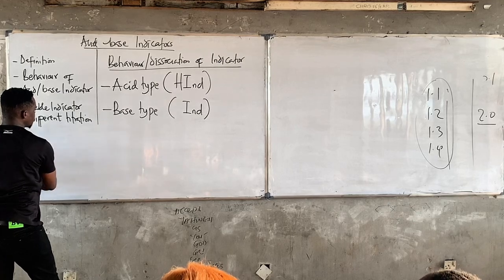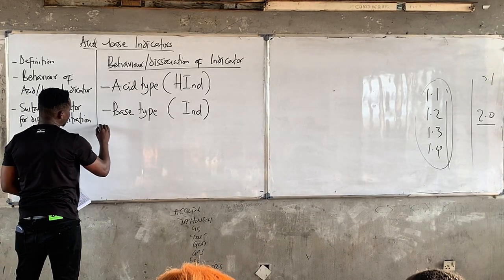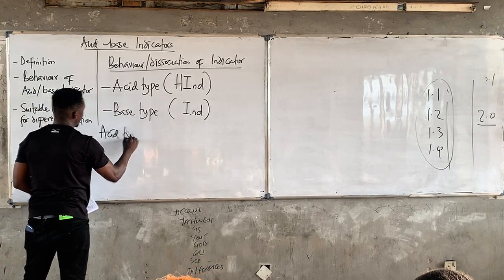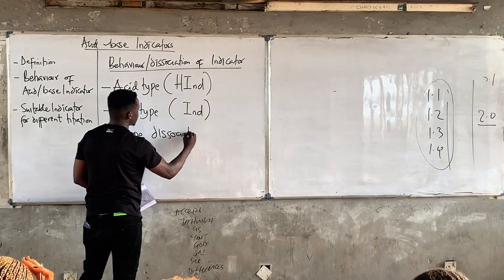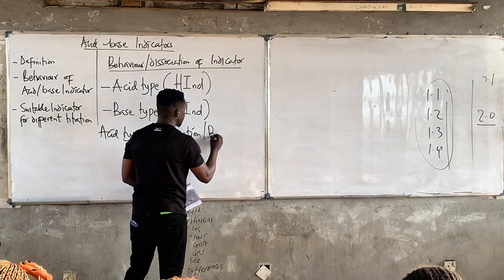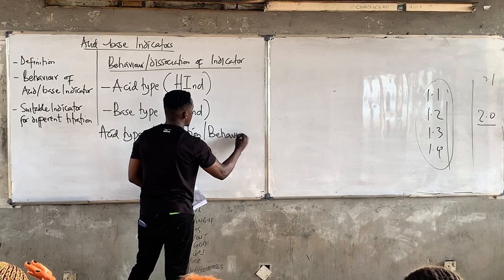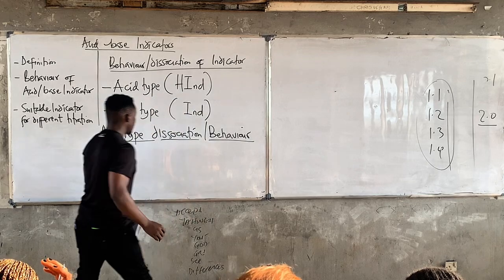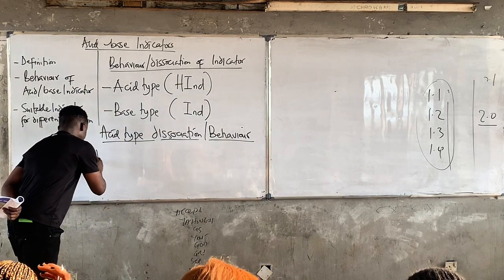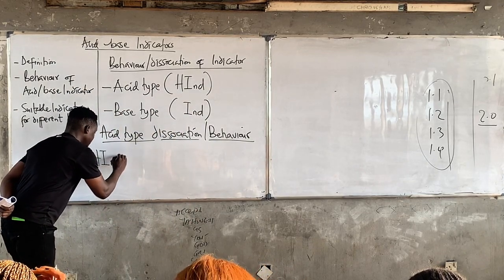So we say for acid type, dissociation or behavior. Now, acid type indicator is HInd.